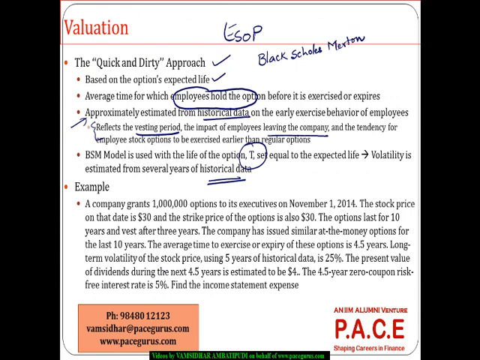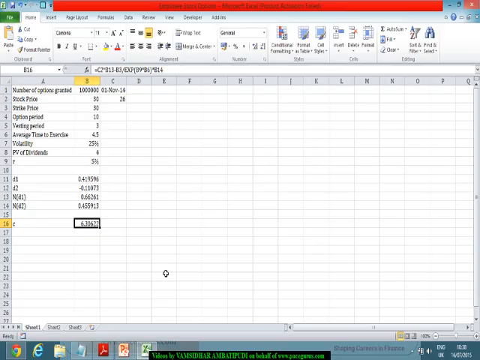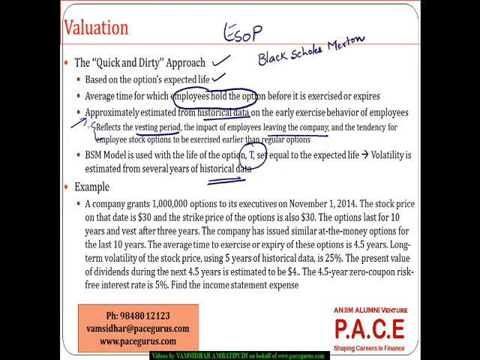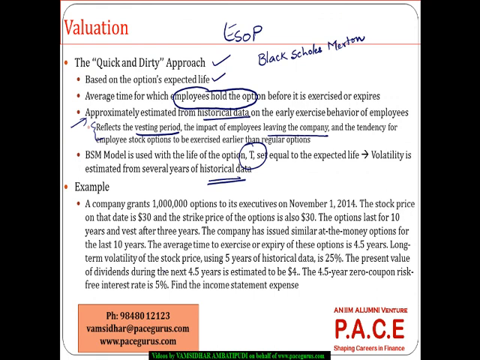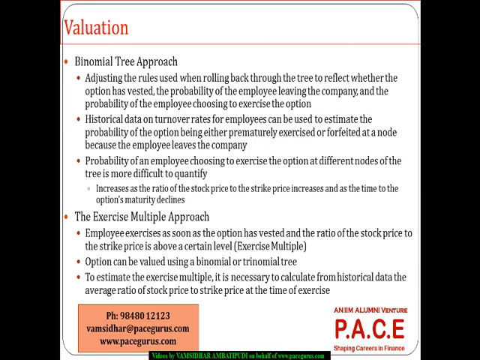One single European call option here is worth 6.3 and the company has granted 1 million options. So the expense to the company is 6.3 times 1 million, which is 6.3 million. It would show as part of the income statement associated with this particular option, using the quick and dirty approach.